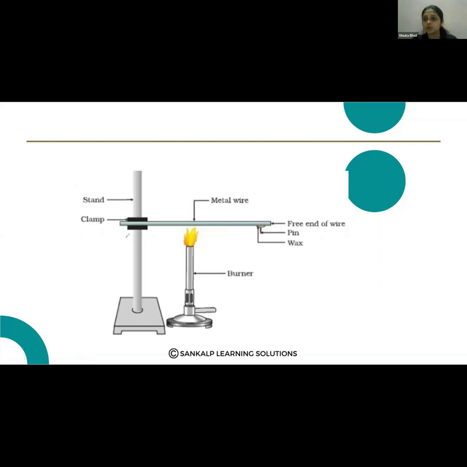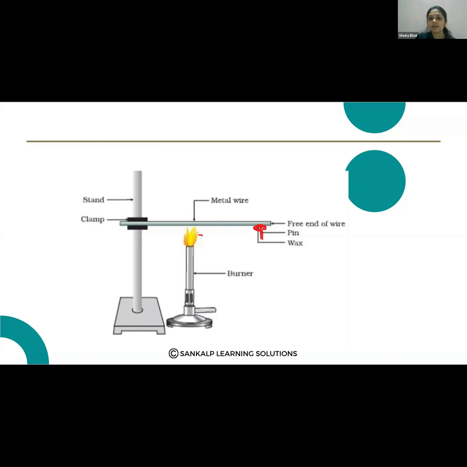Okay, so here you can see there is one activity. To prove this point, there is an activity. See here, there is a stand. With the help of a clamp, a metal wire is held here like this. At the end of that metal wire, a pin is fixed with the help of wax.